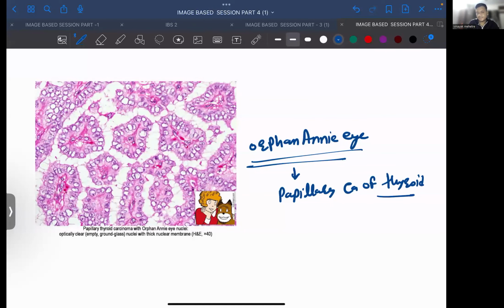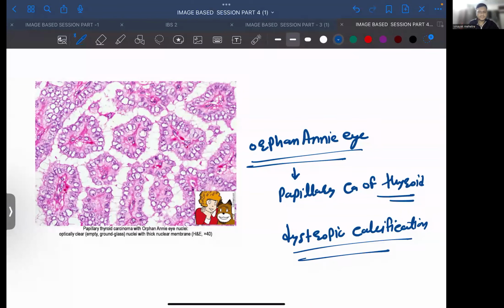What do we get in papillary cancer of thyroid? Which type of calcification? I taught it yesterday. The calcification name is dystrophic calcification.